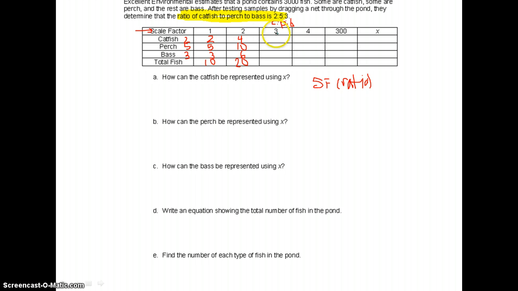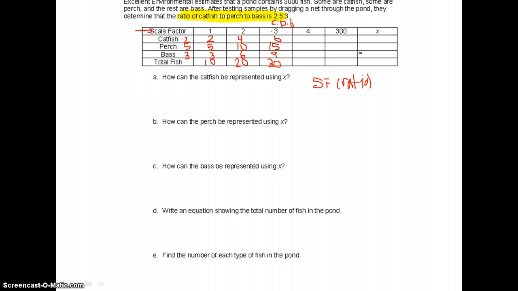Now, if we have a scale factor of 3, we're going to multiply by 3. So I'm going to have 2 times 3, which is 6, 5 times 3, which is 15, and 3 times 3, which is 9. If we add all 3 of those together, that's going to give us a total of 30 fish.